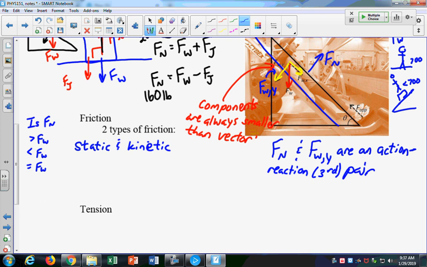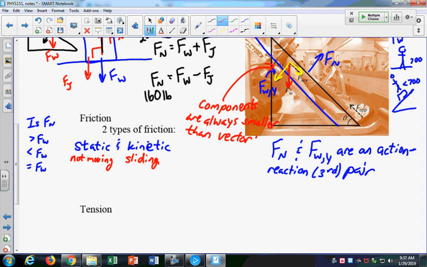Which one's not moving? Right, so static is not moving. Kinetic is moving, or I like to think of it not as moving, but as sliding. So if I have two surfaces that are sliding with respect to one another, then that is kinetic friction. So the kinetic, I'm going to call sliding friction.